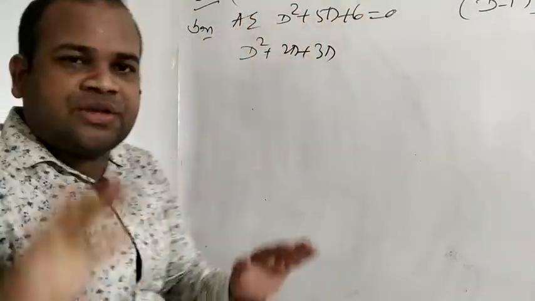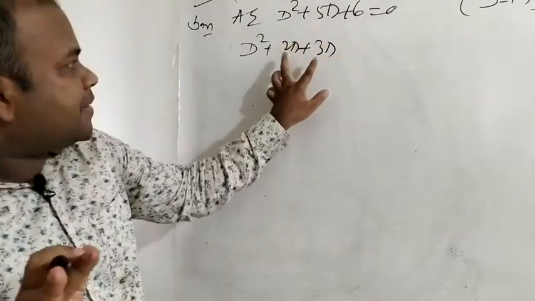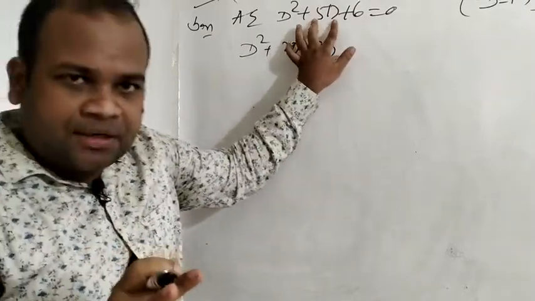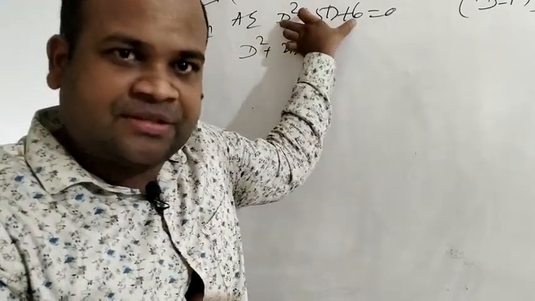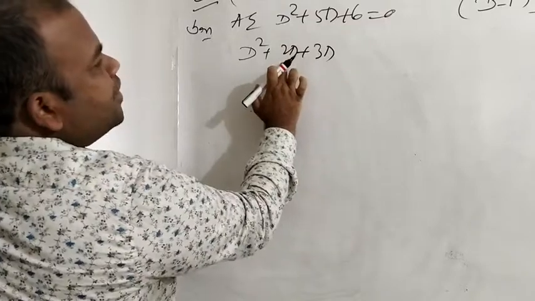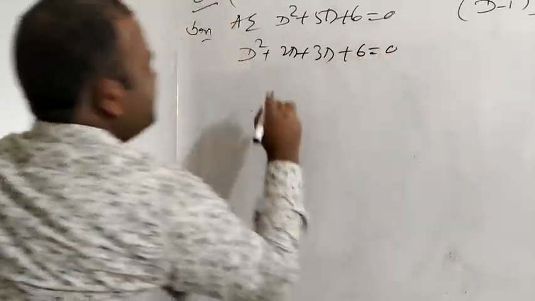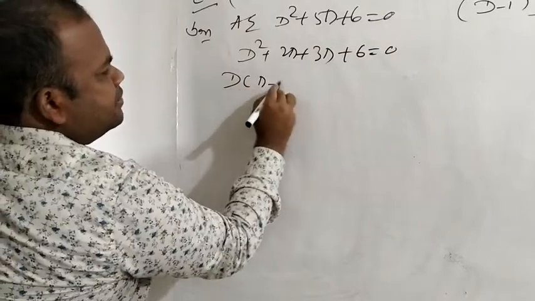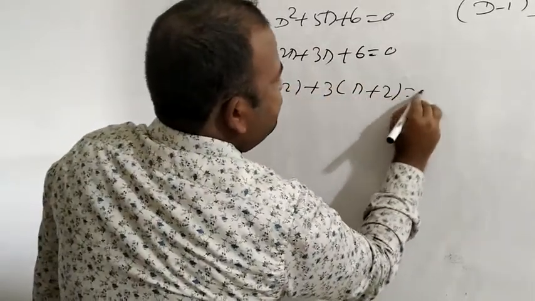You will factorize in such a way that after the addition you get the middle term, and after the multiplication you get the last term. This is the concept. So d square plus 2d plus 3d plus 6 equals 0. D will be common, d plus 2; 3 will be common, d plus 2.